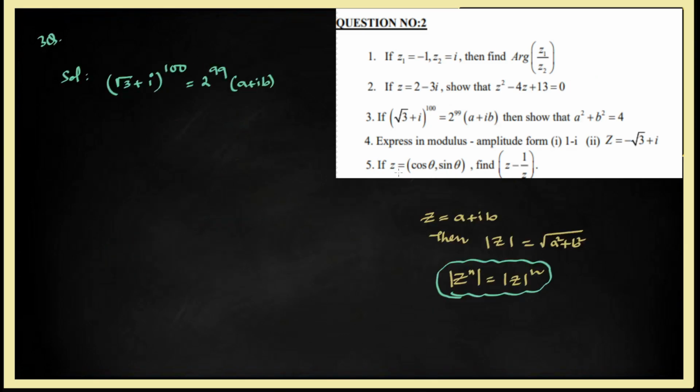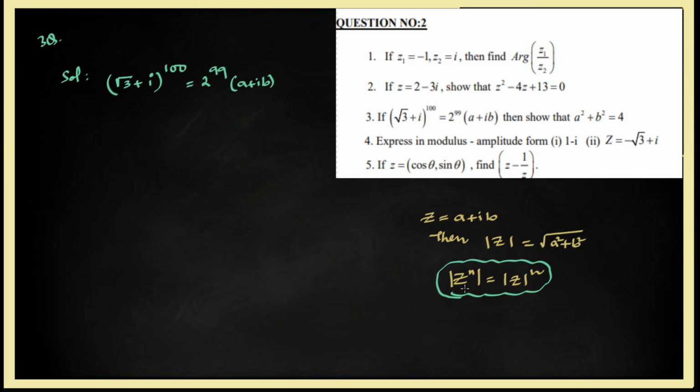Now question number 3. If (root 3 plus i) whole power 100 equals 2 power 99 times (a plus ib), then show that a square plus b square equals 4. We know that if z is any complex number, then the modulus of z, mod z, is root over a square plus b square.